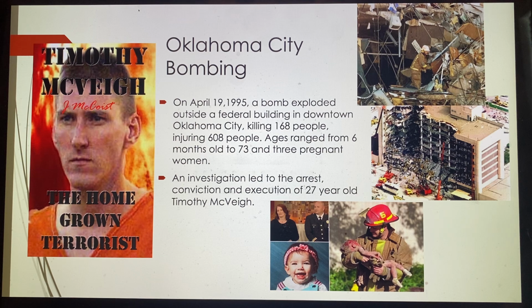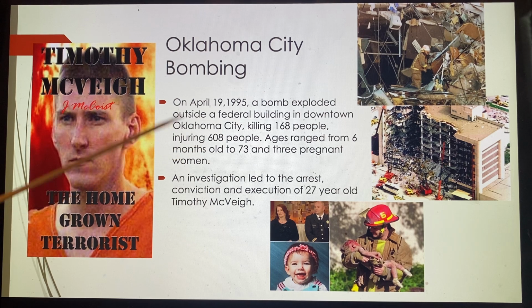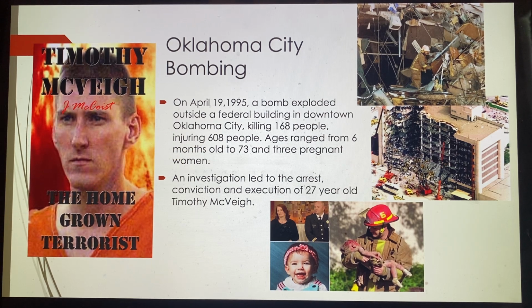Oklahoma City bombing on April 19th, 1995. A bomb exploded outside a federal building in downtown Oklahoma City, killing, oh my goodness, 168 people and injuring 608 people. This is one of the largest domestic terrorist attacks ever in the history of the United States, killing 168 people.